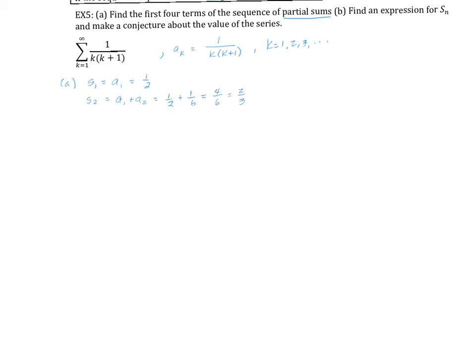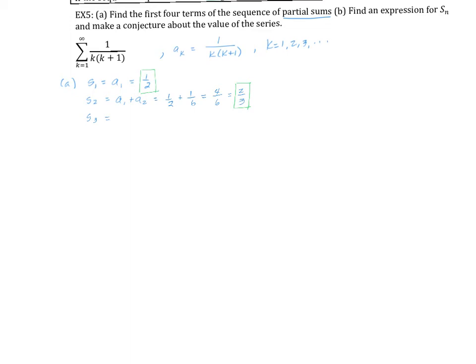The reason why is because I have to take these terms and try to figure out an explicit formula for them. So it's best to keep it reduced. Now S sub 3 is going to be A sub 1 plus A sub 2 plus A sub 3.